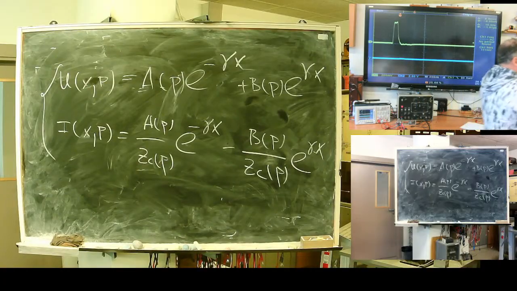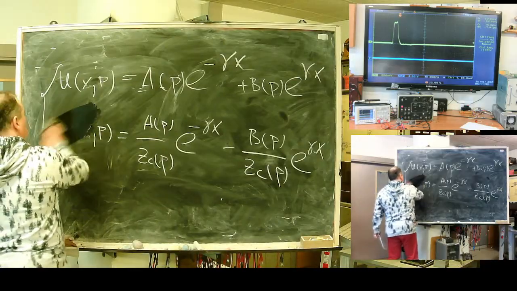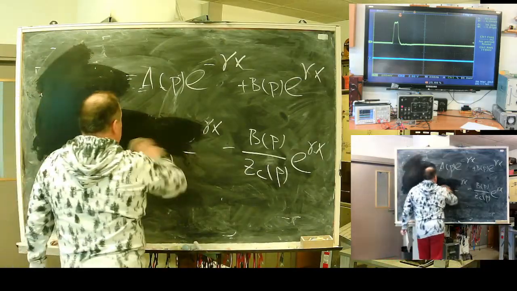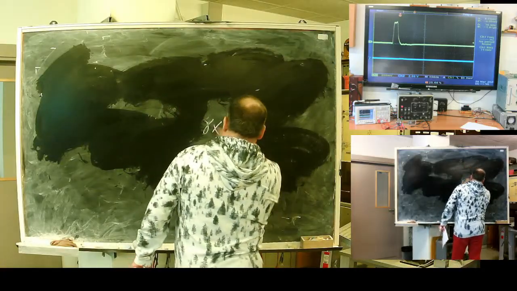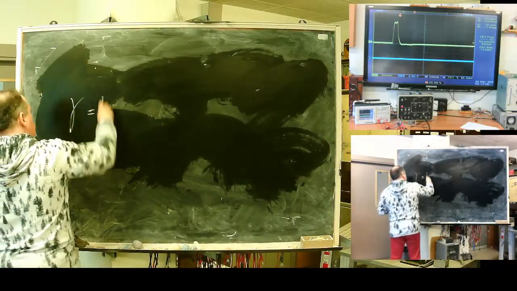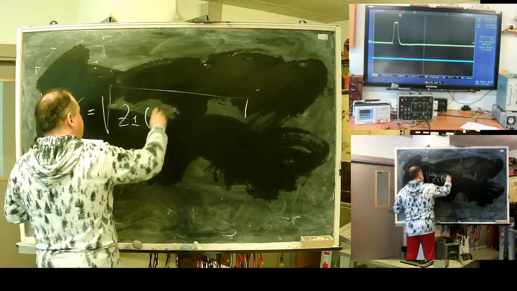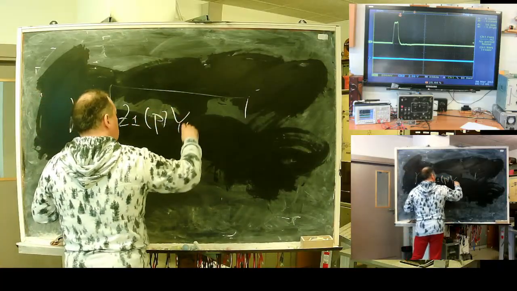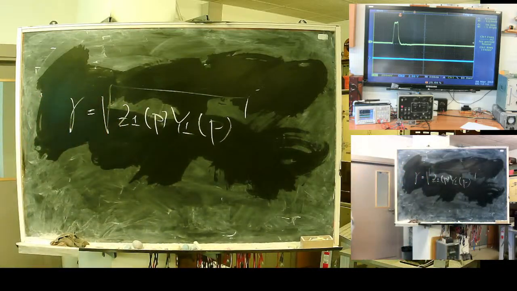Gamma is a propagation factor. While A and B are determined by initial conditions, gamma, being the square root of P, the propagation factor, is a function of line parameters.